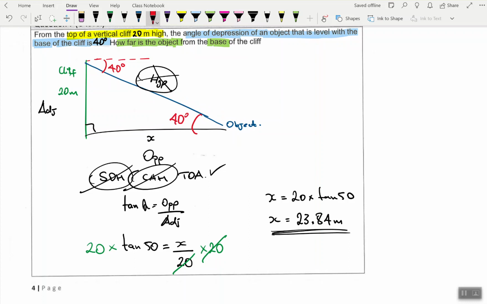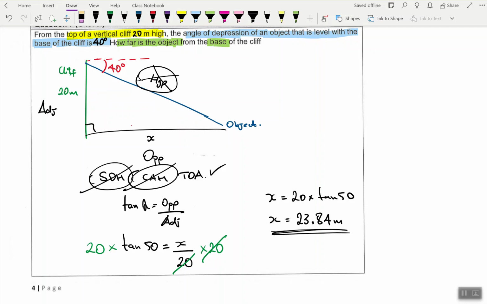So again, whichever way works for you, but using this, then the opposite side is going to be that, hypotenuse will be the same, and adjacent will be down here. Just keep that in mind. Then you use your ratios, and again you'll use tan. But this time you'll have to do division instead of multiplication.